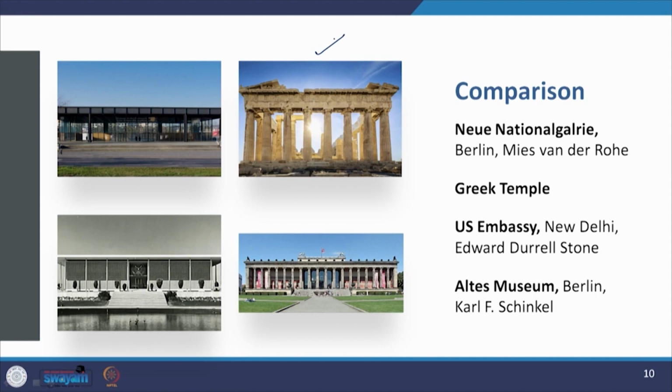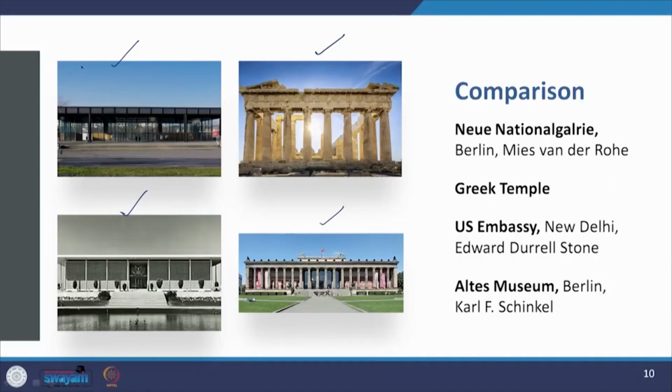And if you compare this geometry with that of the Altes Museum by Karl Friedrich Schinkel at the end of the 19th century, or you compare it with the mid 20th century New National Gallery in Berlin by Mies van der Rohe, and then you have Edward Durrell Stone's US Embassy in Delhi, all four of them are following the Greek classical temple facade geometry.